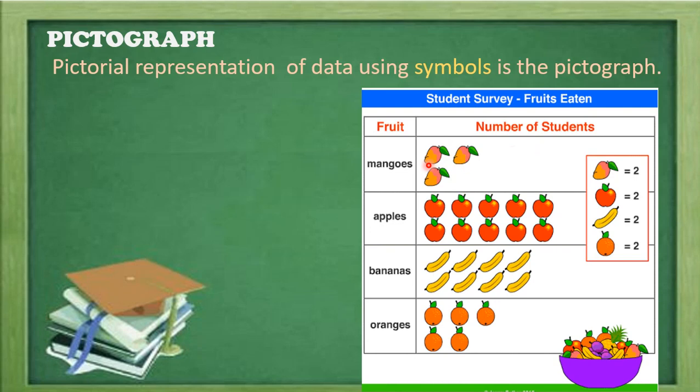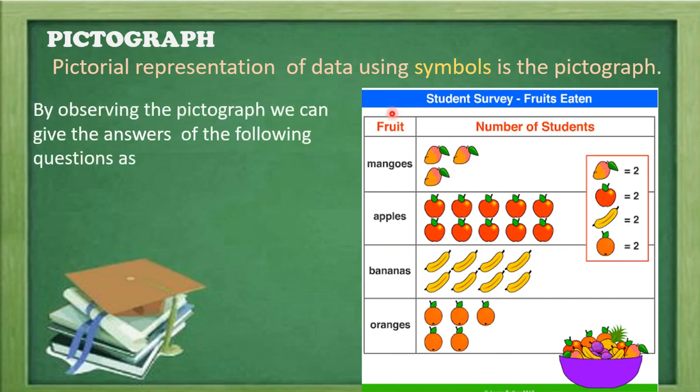In this diagram, mangoes are 3 and each represents 2. So 3 into 2, 6. 6 students ate mango. Like this we can find easily how many students eat apple, banana and oranges.